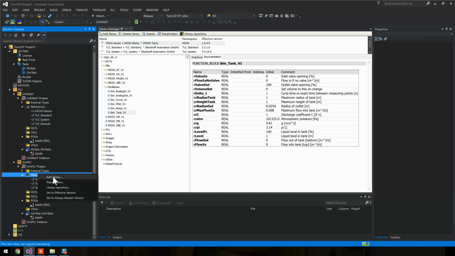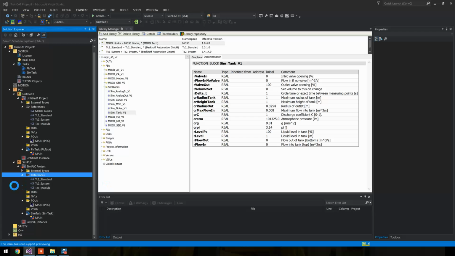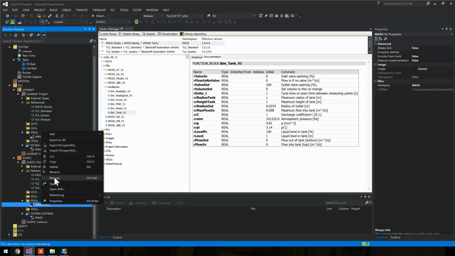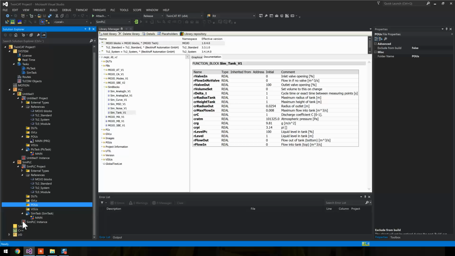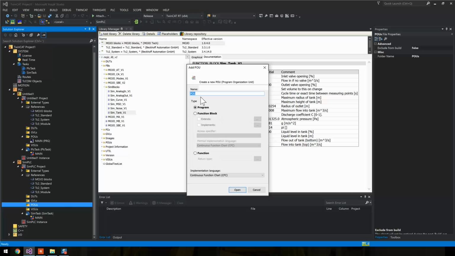Let's add it here as well. There we go. And I'd like a continuous function chart program, since this is short and visual. Let's add main sim so we can tell the difference.